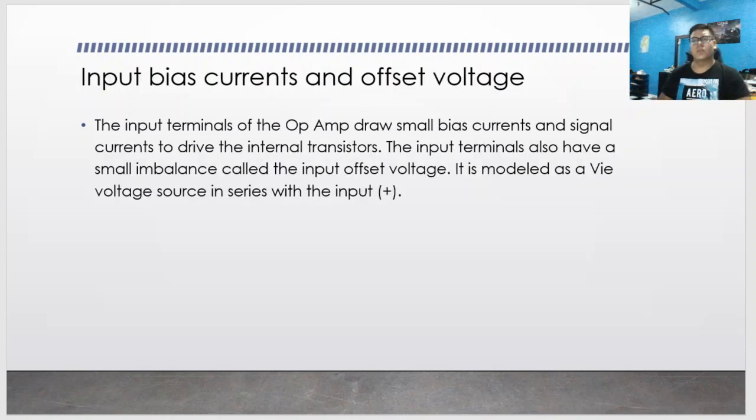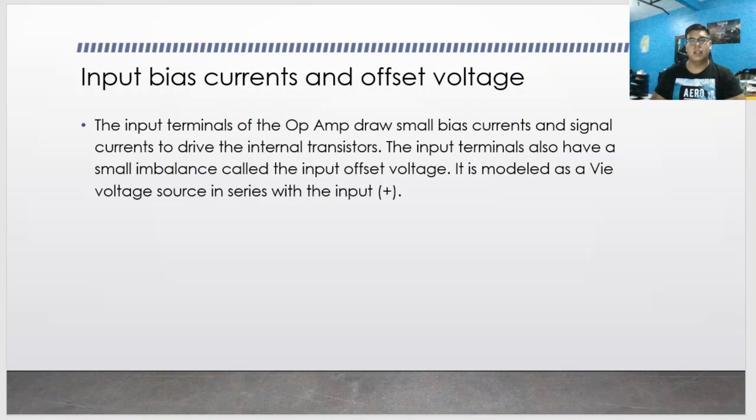Input bias current and offset voltage. The input terminals of the OpAmp draw small bias currents and signal currents to drive the internal transistors. The input terminals also have a small imbalance called the input offset voltage. In this model, a voltage source is in series with the input.